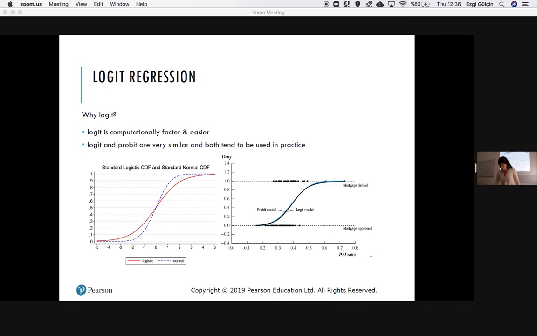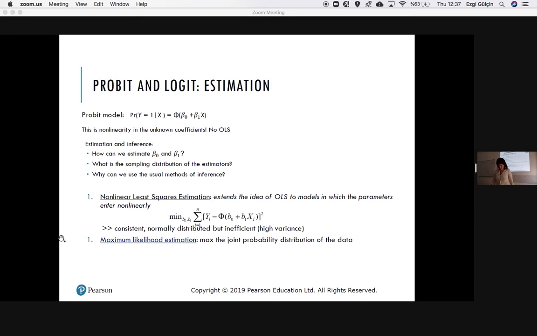So there are no big differences normally in terms of results, but the logit model is computationally faster, and that's why normally we would prefer to use that. But given the new computers, actually this difference is not anymore so relevant. So we can actually use both without having our results change so much.